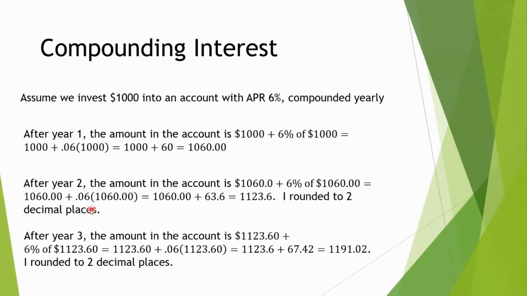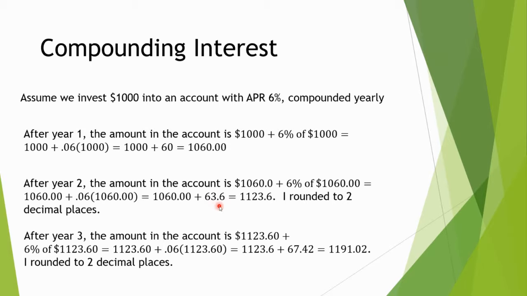And you could probably guess, and you can see it here as well, the amount of interest is not going to be consistent. It's not going to always be $60. It's going to increase. We have 6% of a bigger number. That means more interest, 0.06 times this amount. I did a little bit of rounding. I rounded to 2 decimal places, although here it looks like 1. But anyway, I did round, and we get this.